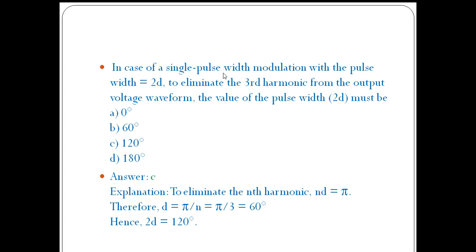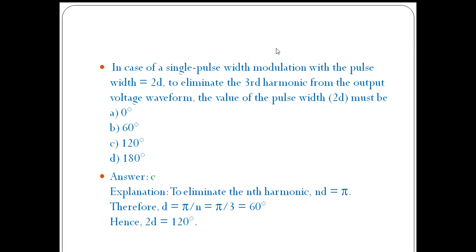In case of single pulse width modulation, with pulse width equal to 2D, to eliminate the third harmonic from the output voltage waveform, the value of pulse width 2D must be equal to what?